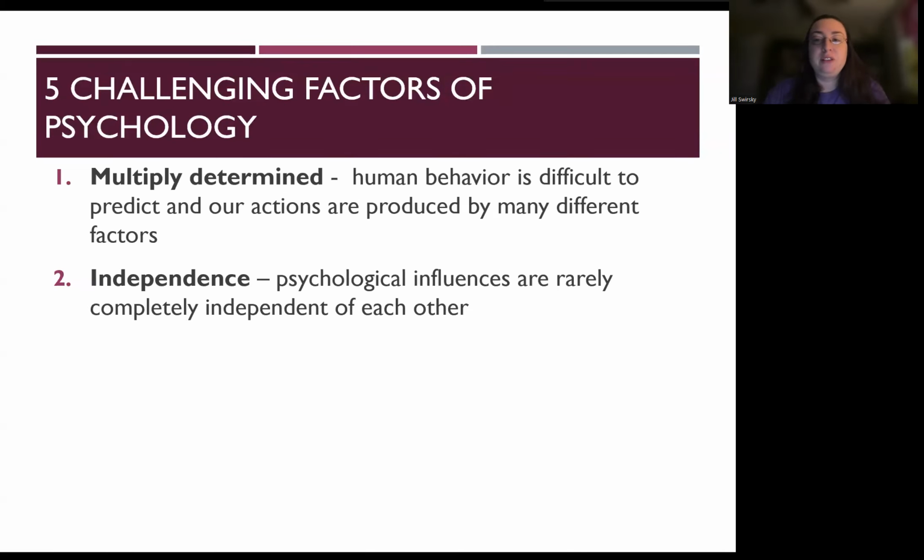Relatedly, psychological influences are rarely completely independent of one another. Our experiences, thoughts, behaviors, etc., are all highly dependent on each other. Let's think about a kid getting bullied at school. There could be lots of different factors involved. We know that during middle school, anything that makes someone stick out from their peers leaves them vulnerable to being victimized. Maybe they're overweight.